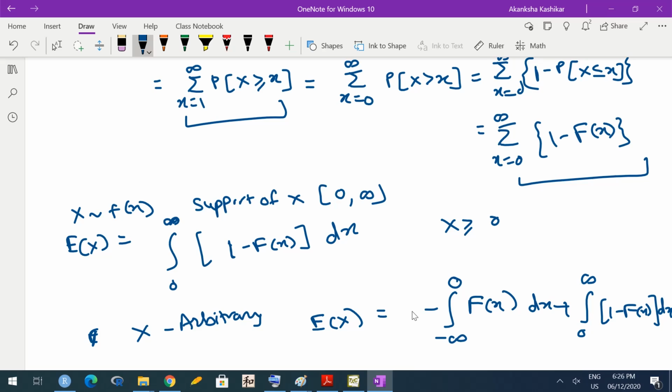If I have a discrete random variable which takes even negative values, do we get a formula for expectation in this form? Of course integrals would be replaced by summations. Do try that. Now we have to start our discussion about the characteristic function also. By the way, if you want to derive these two, they can be derived using the formula for integration by parts. It's not difficult, so you can try that. Let me stop here. Thank you.